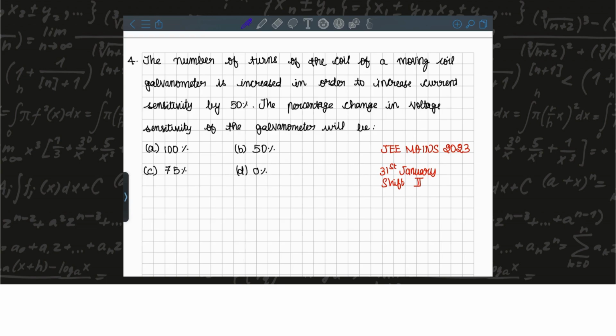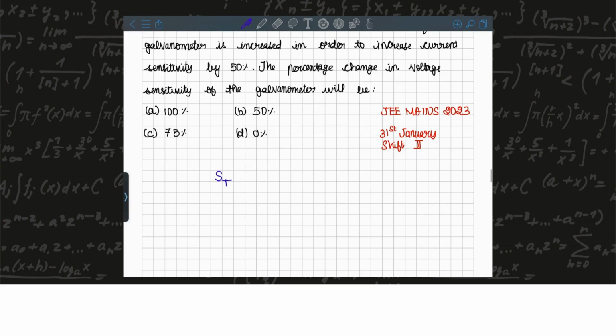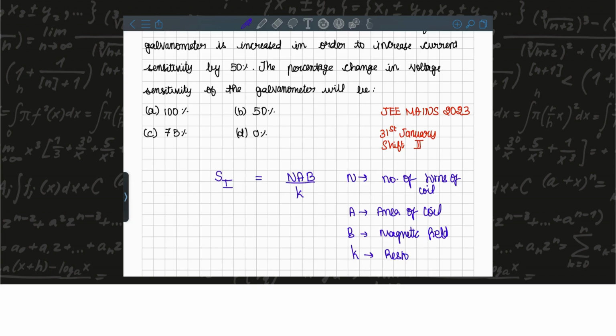So in order to solve this kind of questions, you'll have to know two basic formulas. The first one is the current sensitivity formula, which is NAB by K, where N is the number of turns of coil, A is area of coil, B is magnetic field, K is restoring torque per unit deflection.